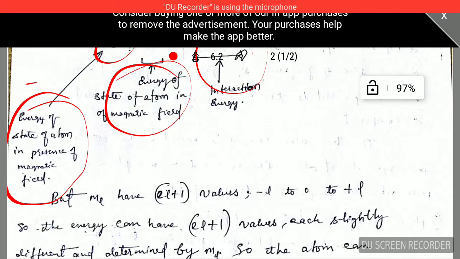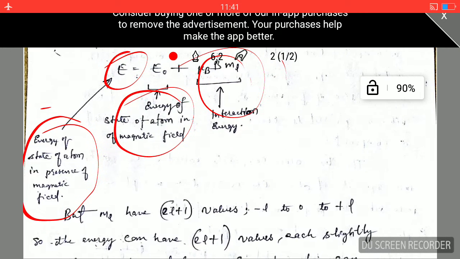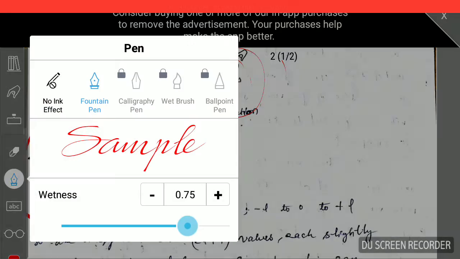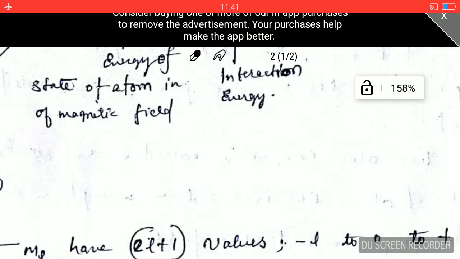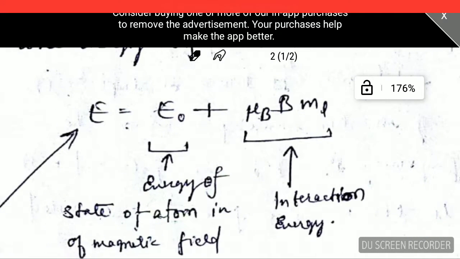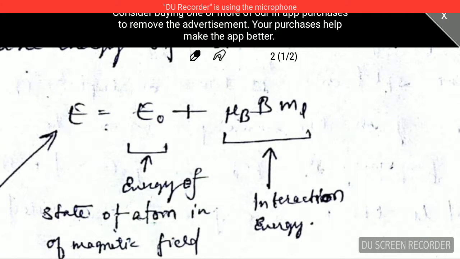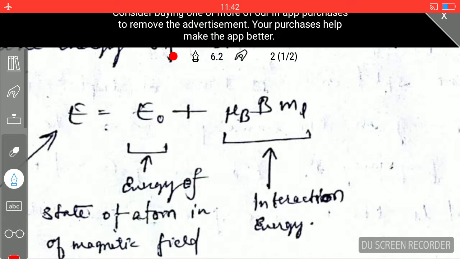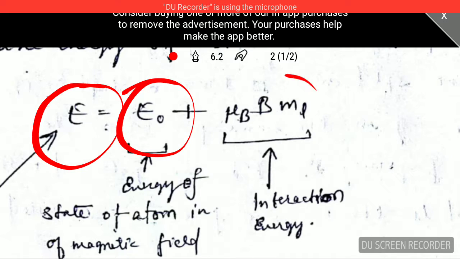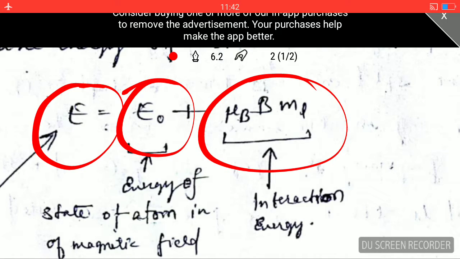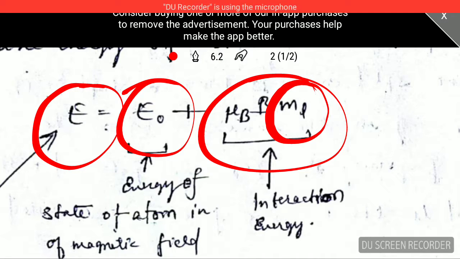Now, the important point here is to see that this energy E is the sum of this energy and this energy. Here you can see that there is a term ml, and this ml is very important for you to understand the normal Zeeman effect.